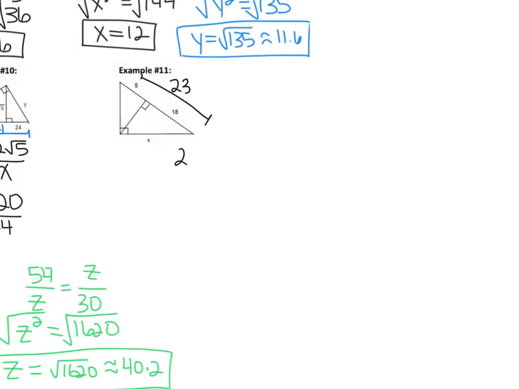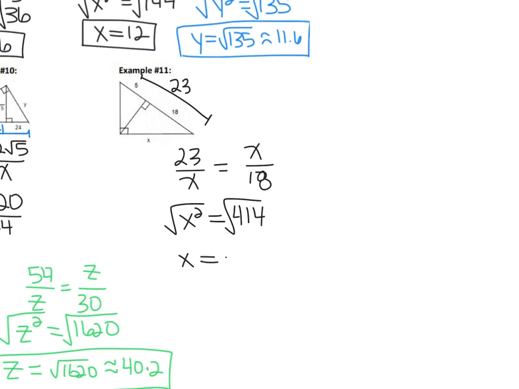So we have 23 over x equals x over the segment that's adjacent, which is going to be 18. Cross multiplying, we get x squared equals 414. Take the square root of both sides. We get that x is the square root of 414, which is approximately 20.3.